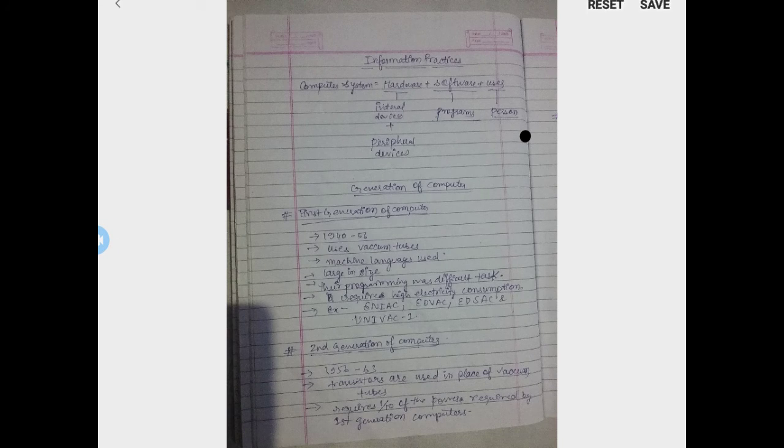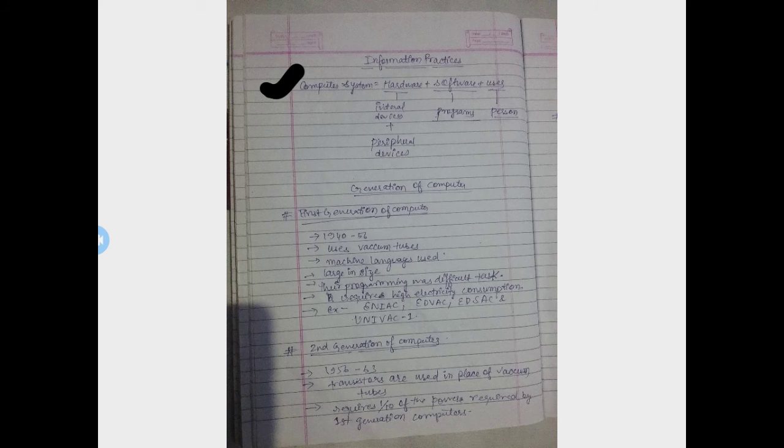Their programs were difficult to write, as they used machine languages, and in the earliest time only a few people knew about machine language. They required a lot of work and high electricity for working. Examples: ENIAC, EDVAC, EDSAC and UNIVAC 1.